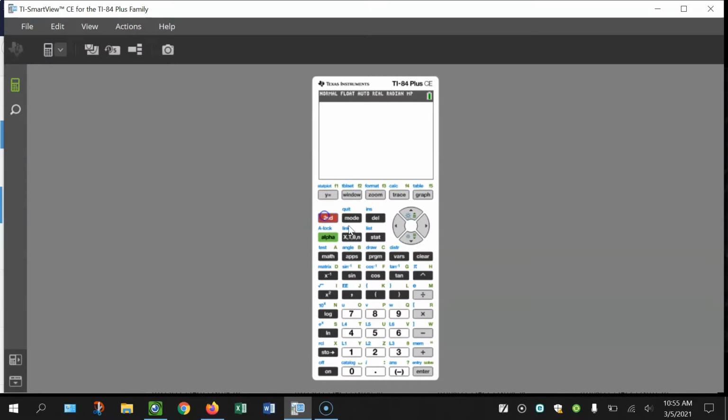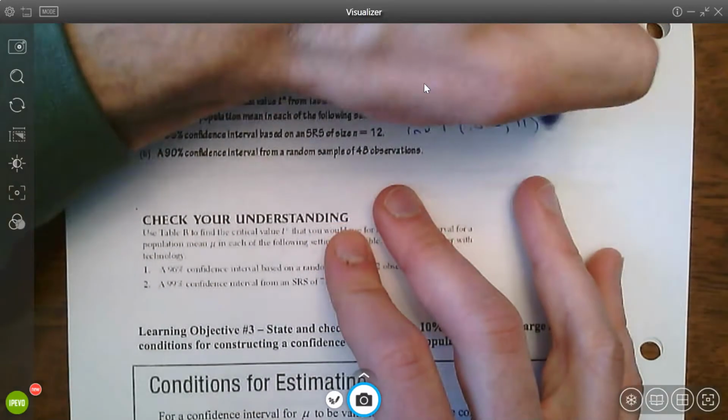So I'm going to go to the same place we always do, second vars, and I can see right here, inverse t. The area is the 0.025, and the degrees of freedom are, like I mentioned, the sample size minus 1. So in this case, 11. Paste. I'm ignoring the negative because it's going to come after the plus or minus, so 2.20. If I go to two decimal places, 2.20.